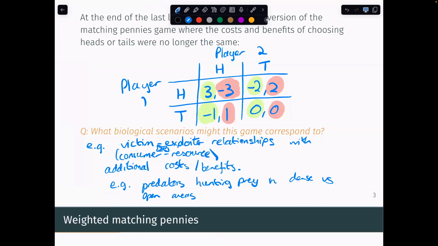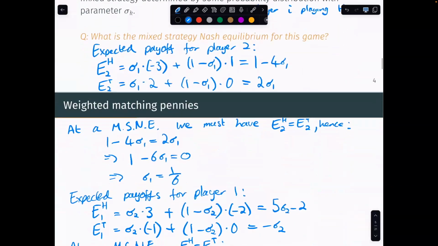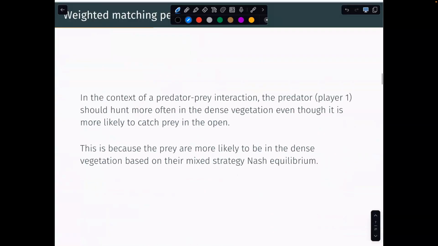But maybe the keeper knows this, and so that's where some of these strategies might come in. You might be better off sometimes aiming to your weaker side because the goalkeeper might expect you to go to your strong side more often. So obviously there's a bit of a feedback here, and they end up at this mixed strategy Nash equilibrium, which can be a little bit counterintuitive.